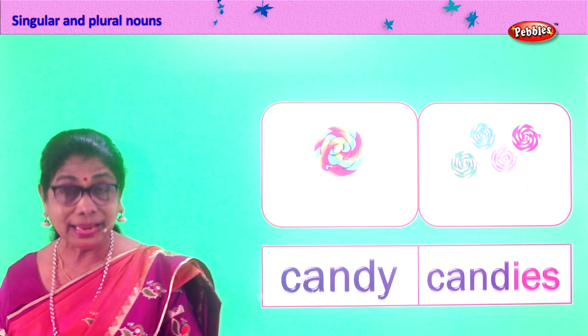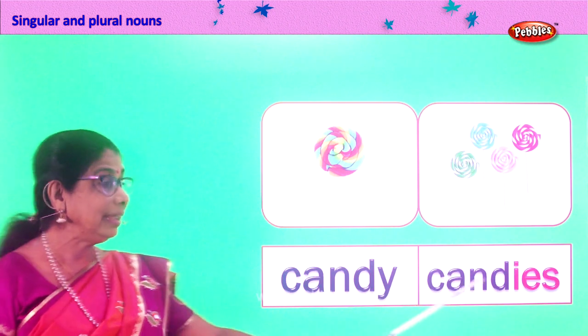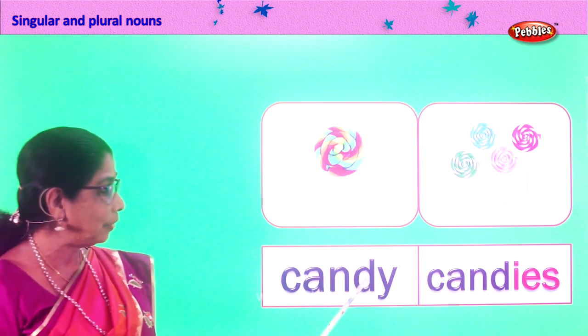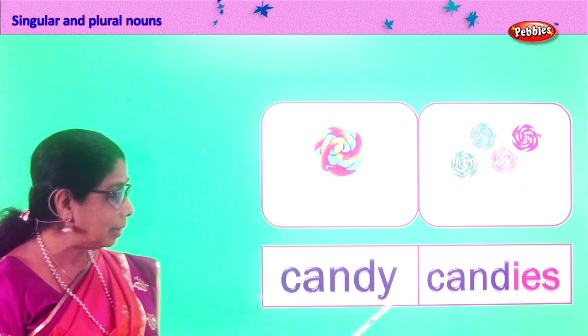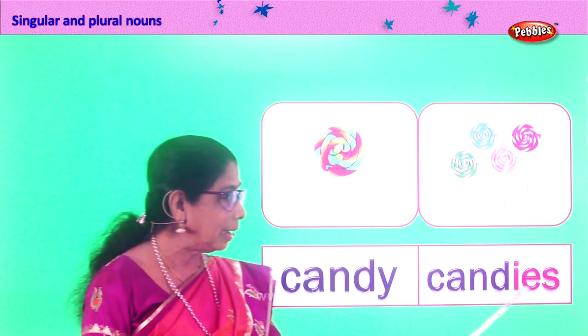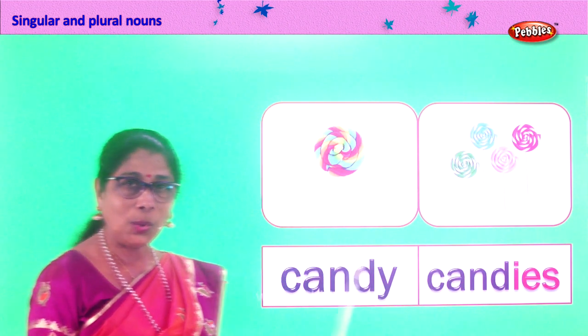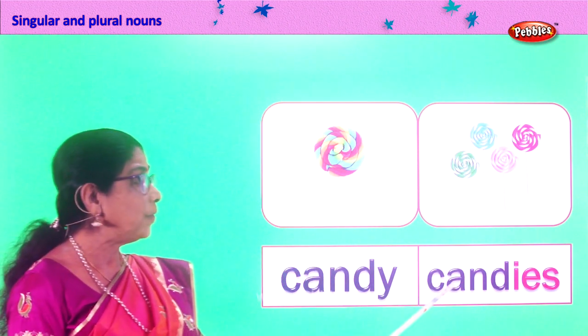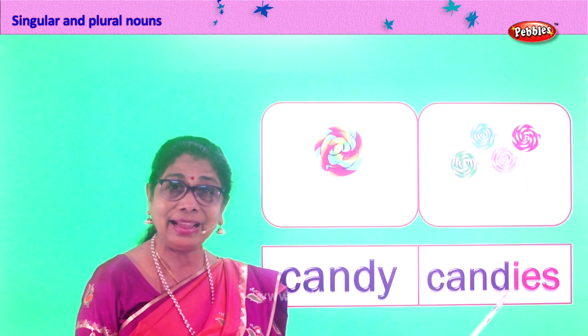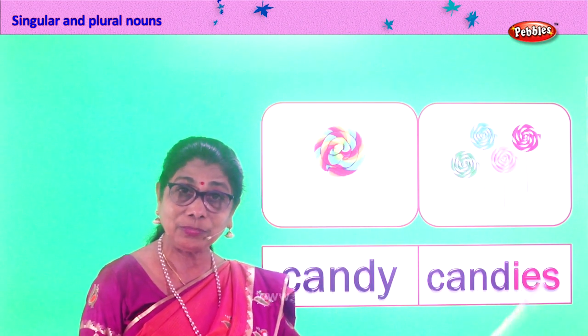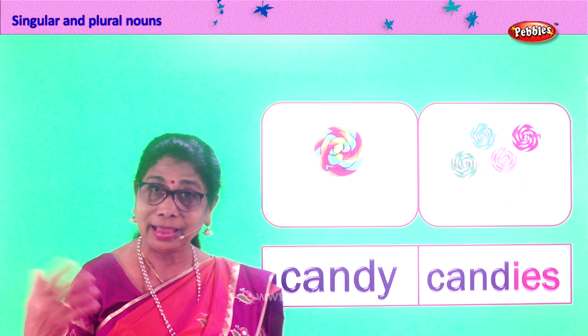Take away Y, add IES. From the candy, we took away Y and we put in IES. 1 candy, 4 candies. CANDIES. Look at the spelling. Remove Y, add IES.